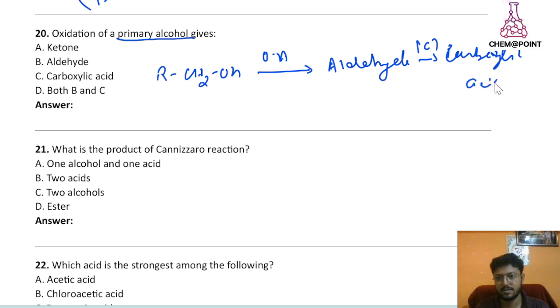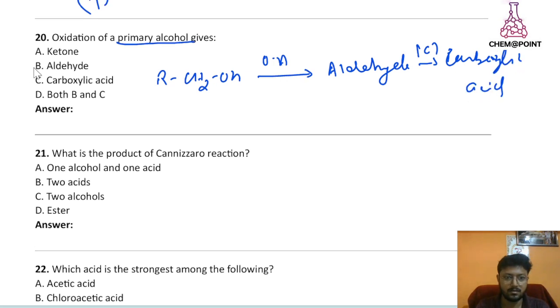Aldehyde is option B, carboxylic acid is option C. That means both B and C. Option D, both B and C.